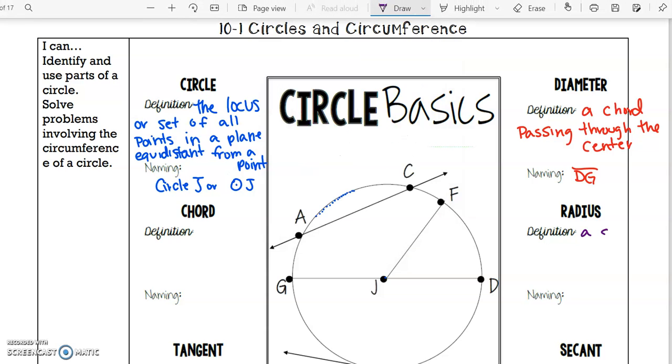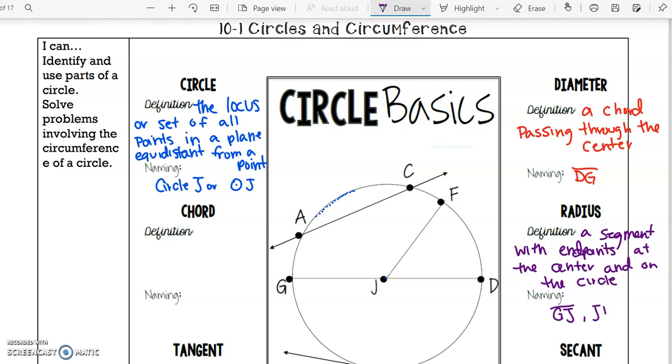So it is a segment with endpoints at the center and on the circle. So that would be, we actually have three of them. We have GJ, we have JD, and we have JF.